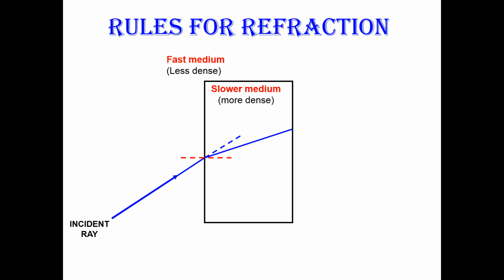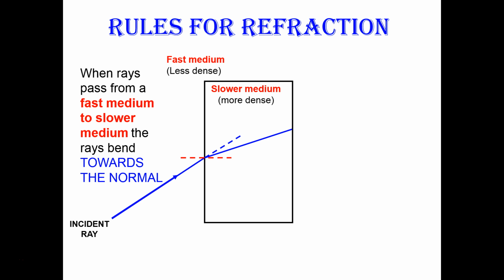Then it reaches another surface where it's going to pass out of the slow medium, the glass, and back into a fast medium like air. And the opposite thing happens. We first of all imagine a normal line forming.